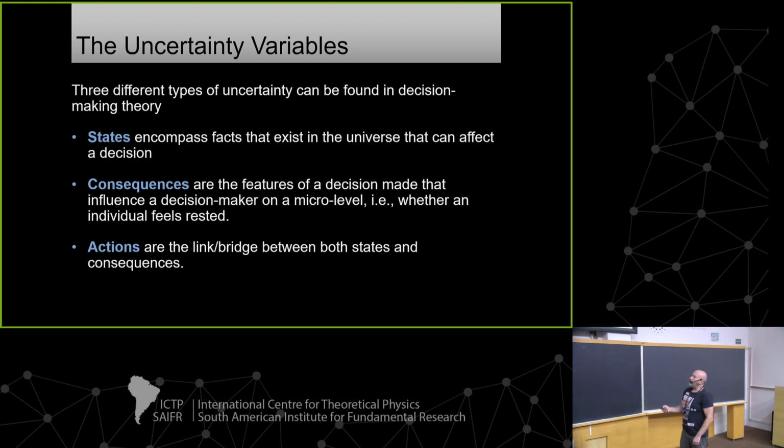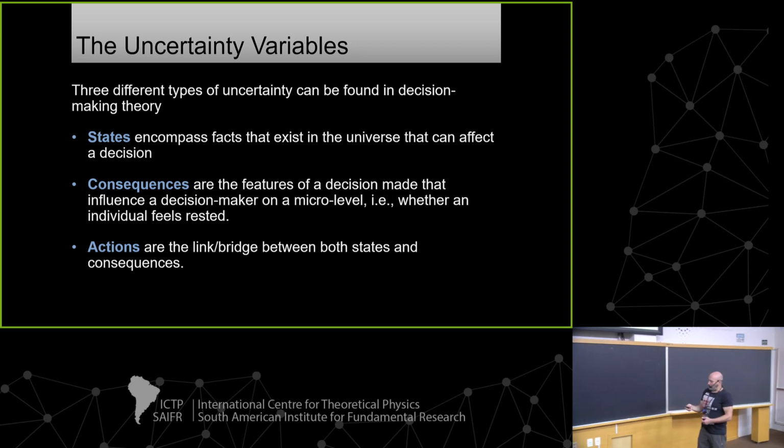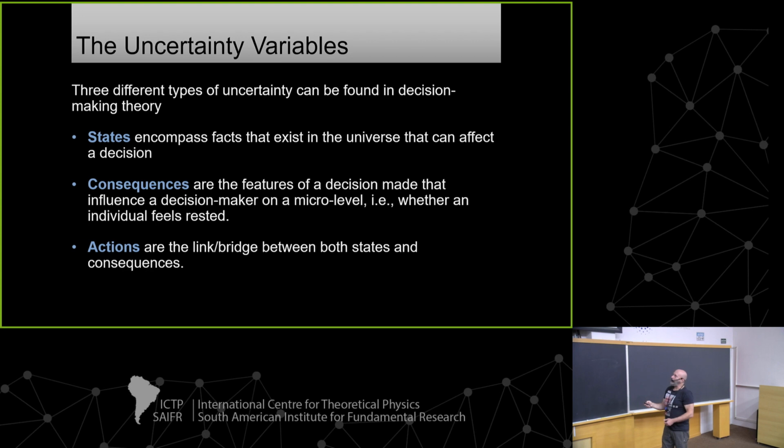There are consequences that are a result of my decision. At the moment, I am in a given state. I will move to a different state, and in this state, there will be consequences. And the actions are the bridge to make a transition from one state to the other one. I need to make an action. I have to make a decision.